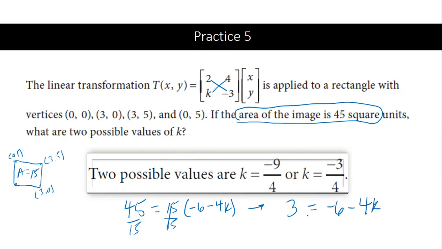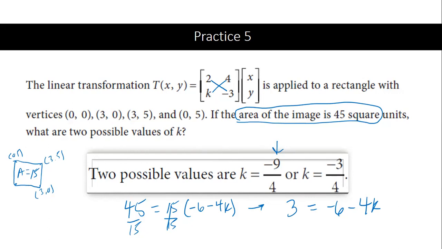Is that a problem we all know how to solve at this point? And that's how we end up with -9/4. Now, the -3/4 comes from if you allow it to be a negative instead of a positive 45.